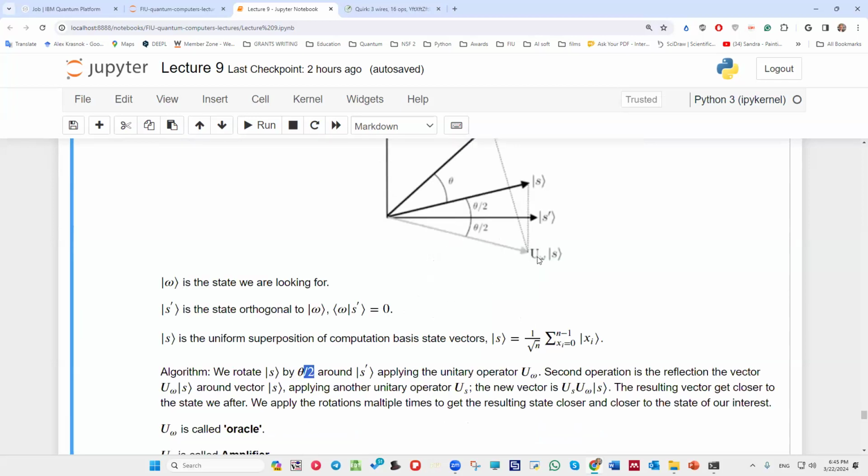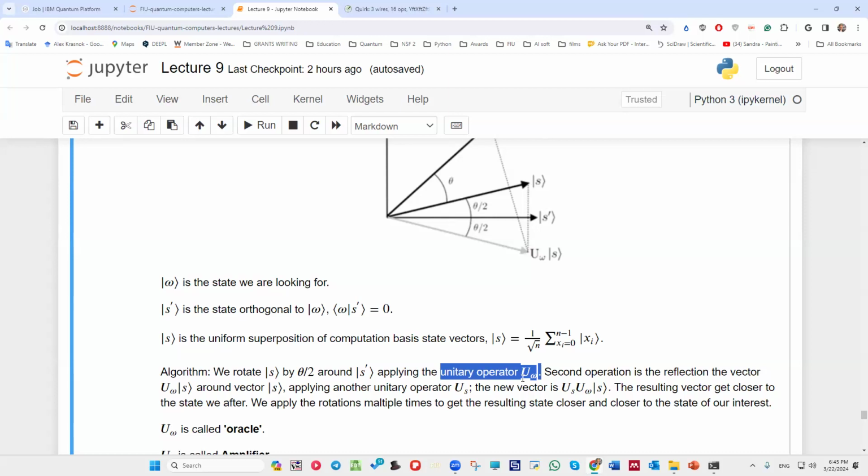This U omega is some unitary operator, of course, because all transformations in quantum computing are unitary, except for the measurement gate, which is not an actual gate. It's just the element we use to measure. This is from classical physics.